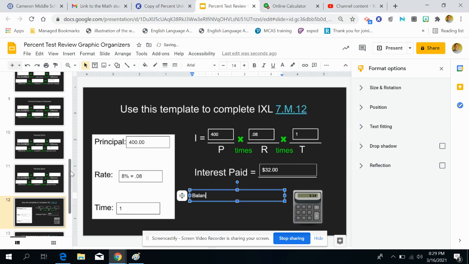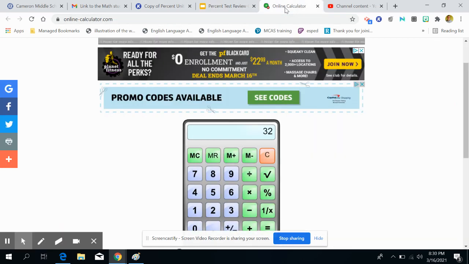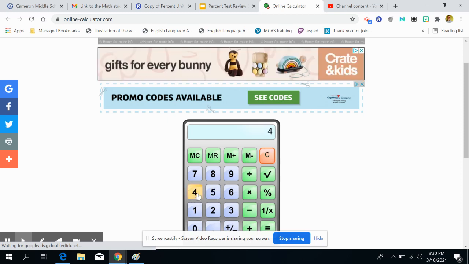So balance equals 400, which was my principal, plus 32. 400 plus 32 equals, and again, I know we can do this in our head, but let's double check with our calculator. 400 plus 32 equals $432.